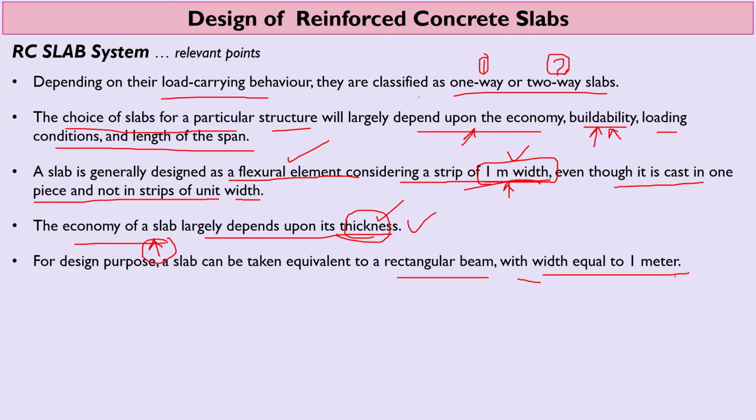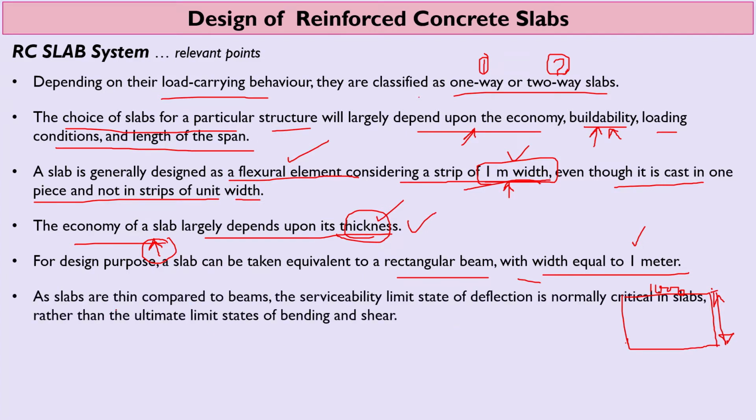Generally in the case of a beam we take 300 or 350 millimeters, but here we are taking the width of the particular strip as 1 meter. So it is just like a rectangular beam having a width equal to 1000 millimeters, that is 1 meter, and whatever the depth.